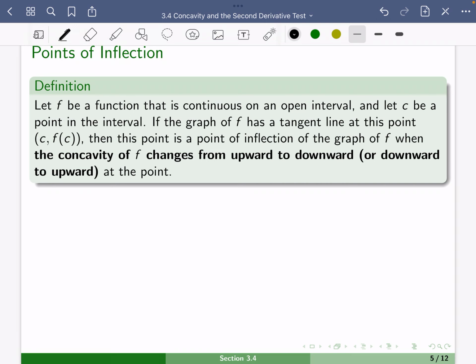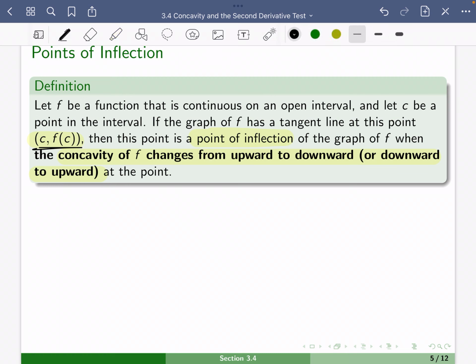If the graph of f has a tangent line at this point, c comma f of c, then this point is a point of inflection of f when the concavity changes from upward to downward or vice versa. So if our concavity is changing at a point from up to down or down to up, then we have an inflection point. So c comma f of c is a point of inflection.